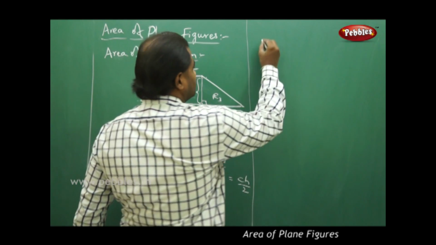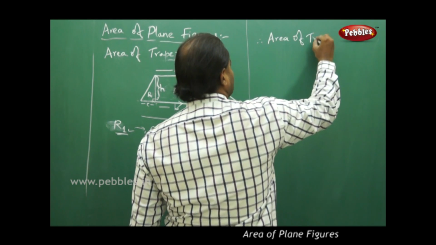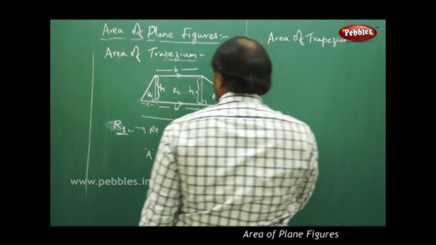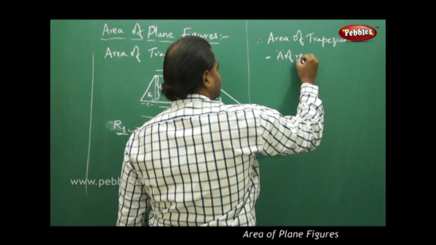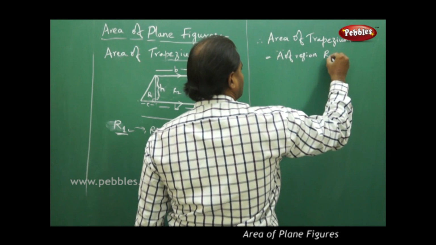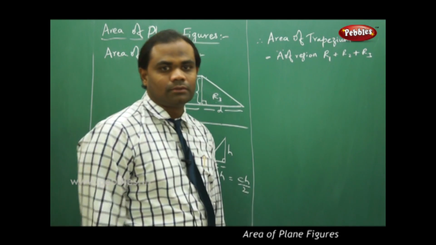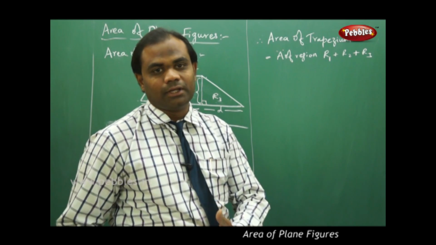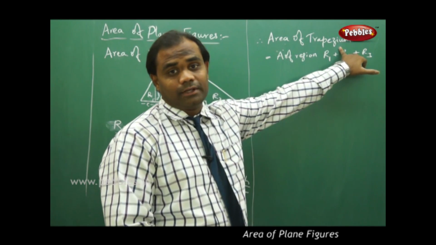So therefore, the area of the trapezium in this case is the area of region R1 plus R2 plus R3. So let's substitute the values of the areas of regions R1, R2 and R3 as calculated, and then find indirectly the area of the entire trapezium.